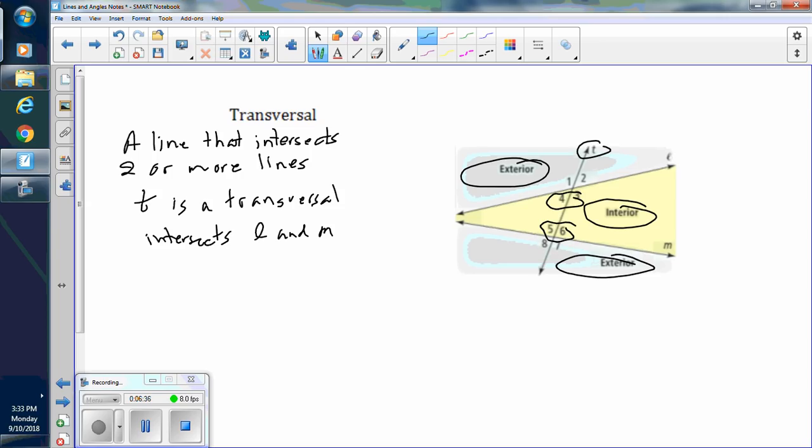Likewise, in this case, angles 1 and 2 and angles 8 and 7 are what we call exterior angles. So anytime we have a transversal, we're going to have some interior angles and exterior angles. Interior simply means between the two lines. Exterior means outside the two lines.